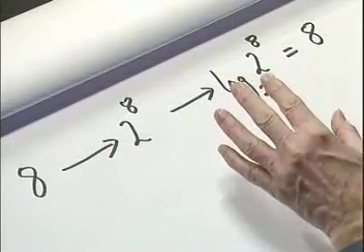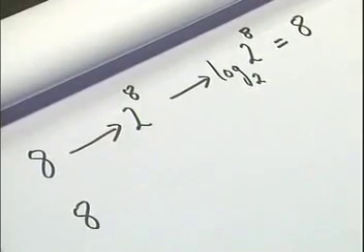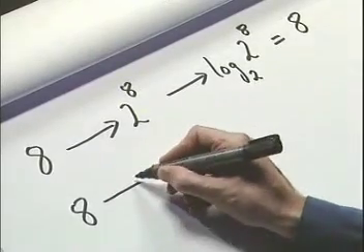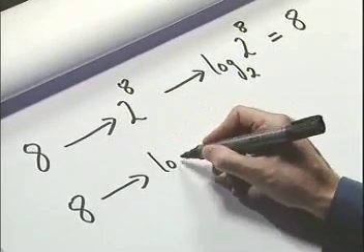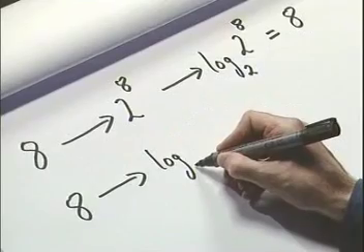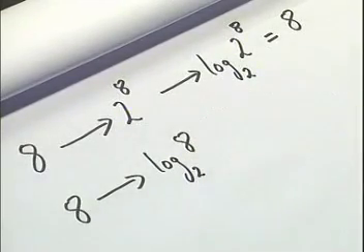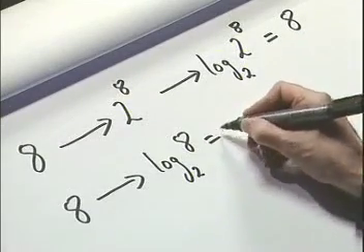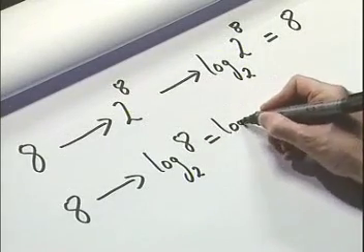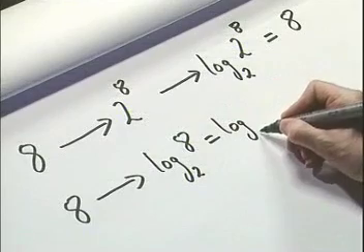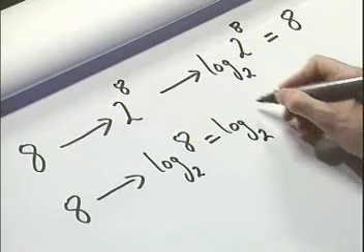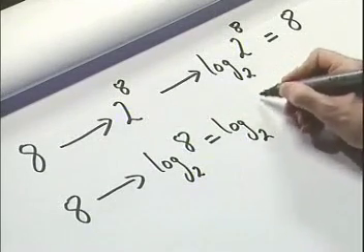Does it work the other way around? So, let's start with 8 again. And this time, let's take the log to base 2 of 8. Well, I know that the log to base 2 of 8, well, I need to write the 8 in a different way.